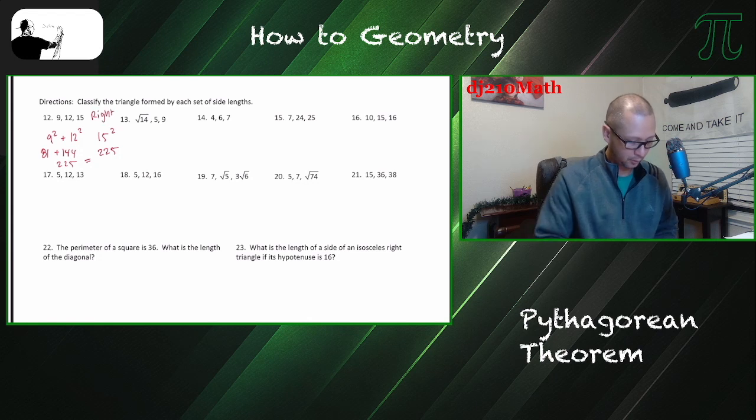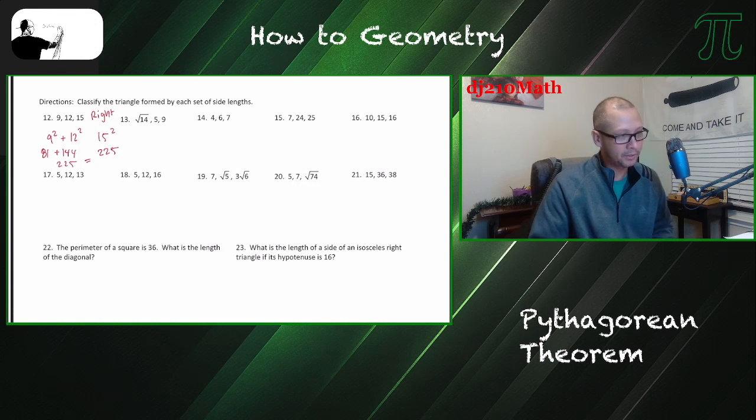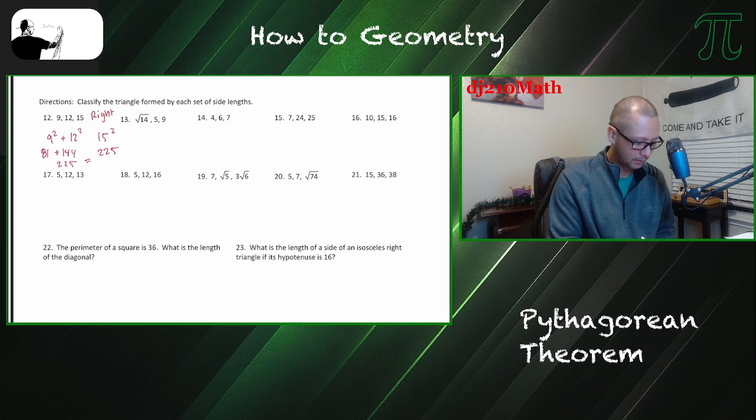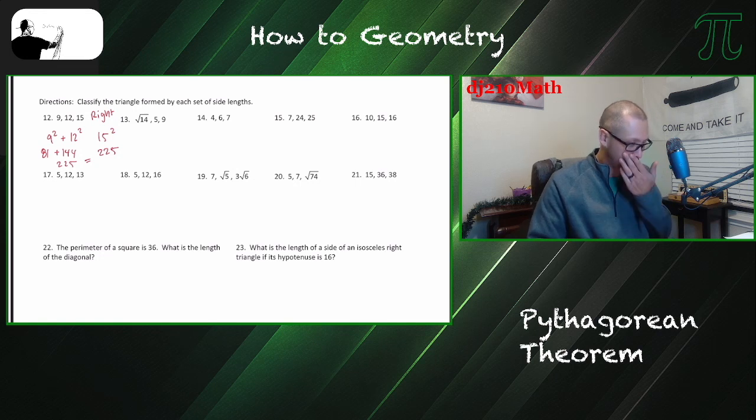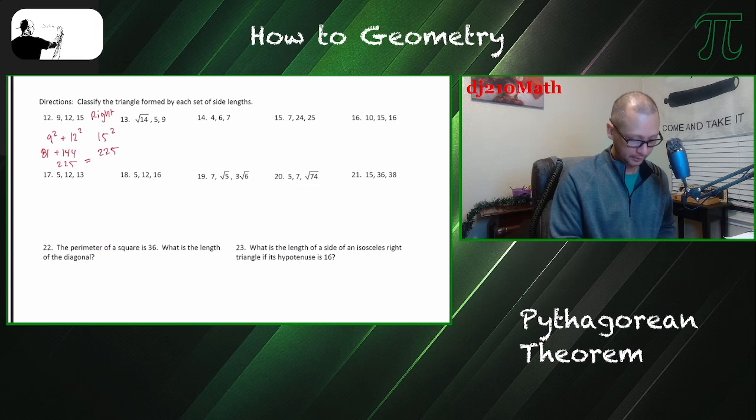Okay, so root 14, 5, 9. The question is, are these all lined up smallest to greatest? They look like they're in ascending order, so it's safe to assume that the square root of 14 is the smallest side, a leg.